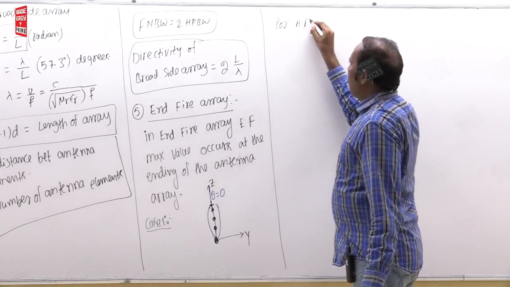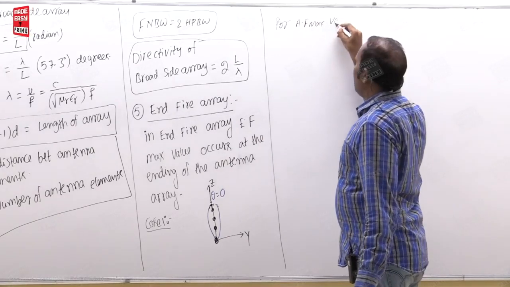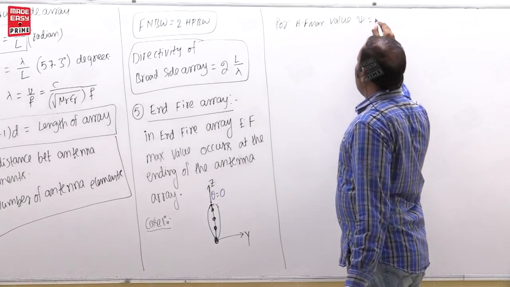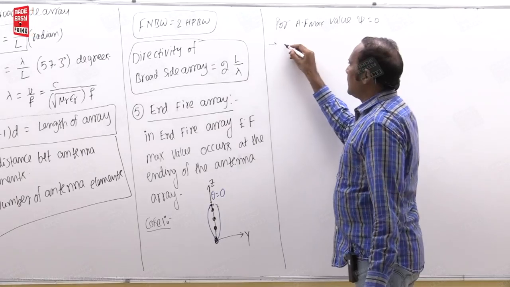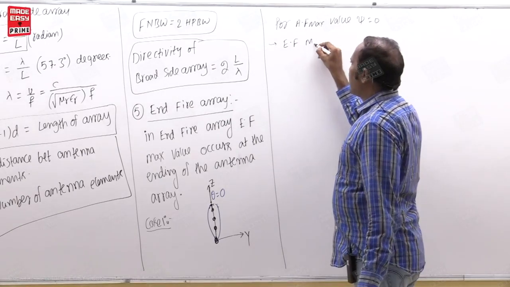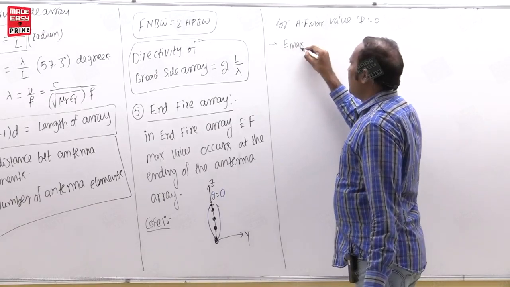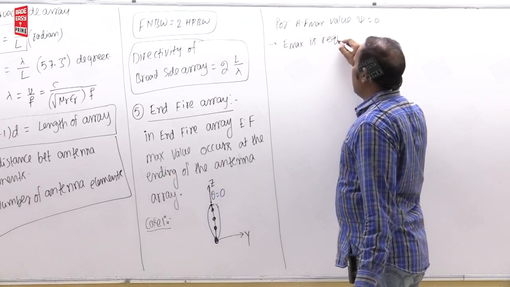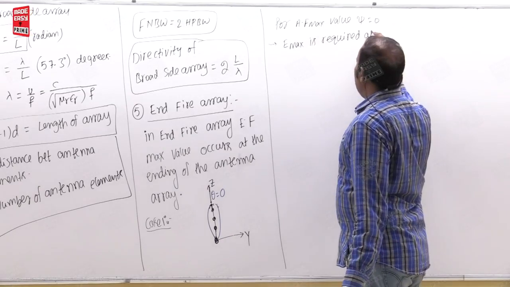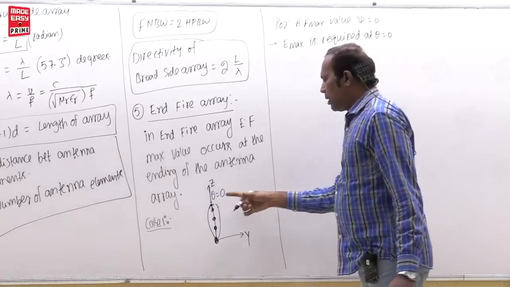So here for array factor maximum value, psi is equal to 0. Next, electric field maximum value, otherwise simply I will write E max. E max is required at theta is equal to 0 angle.